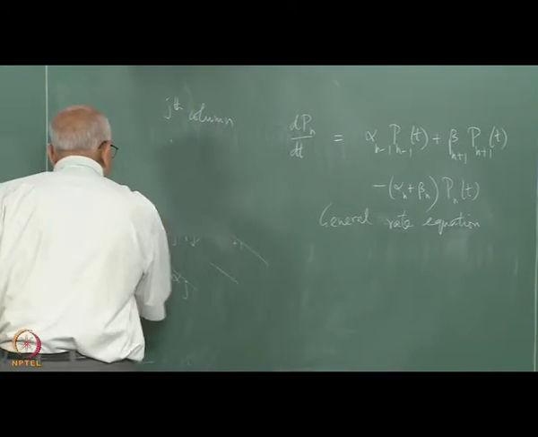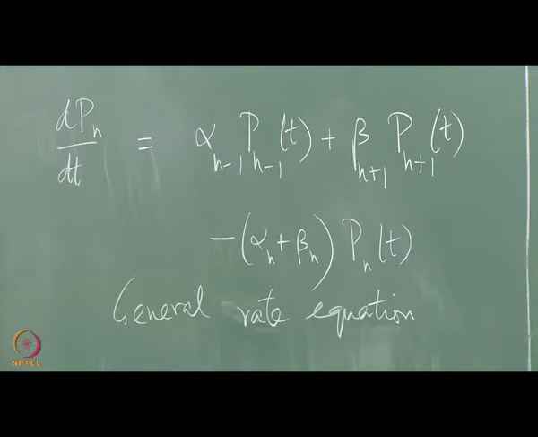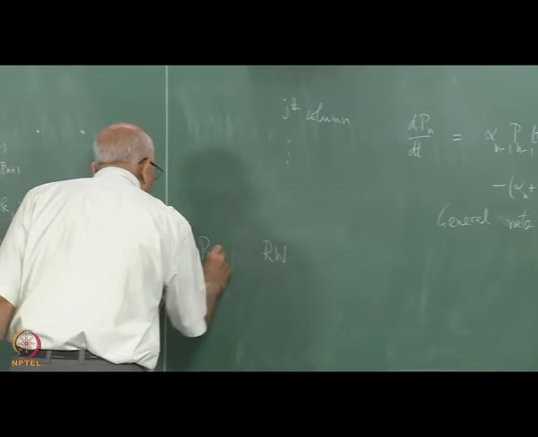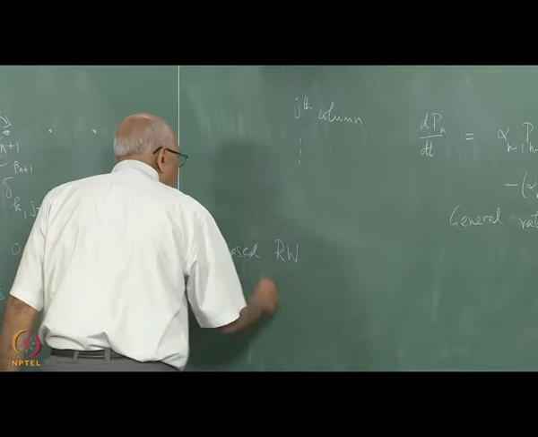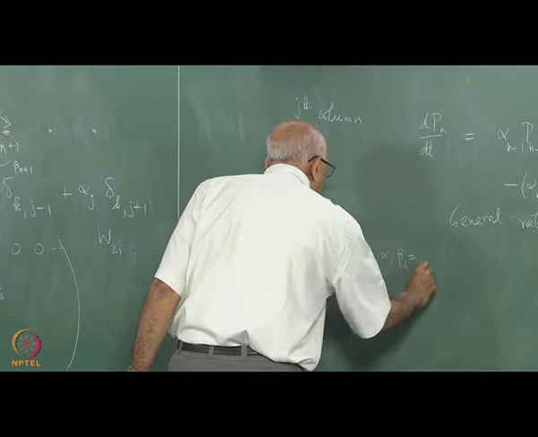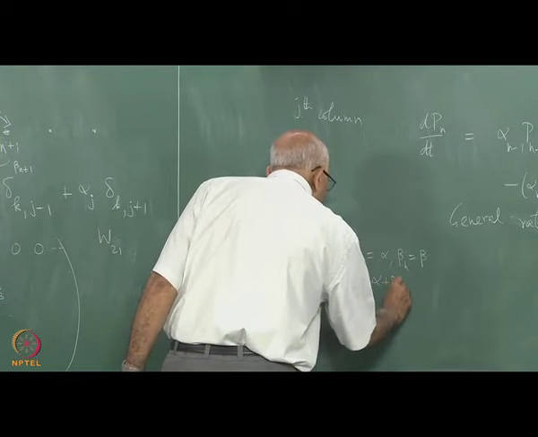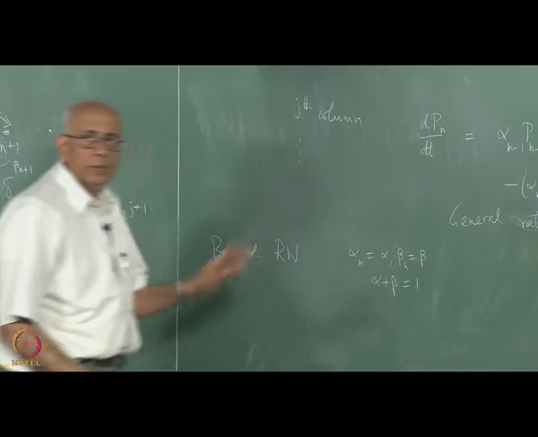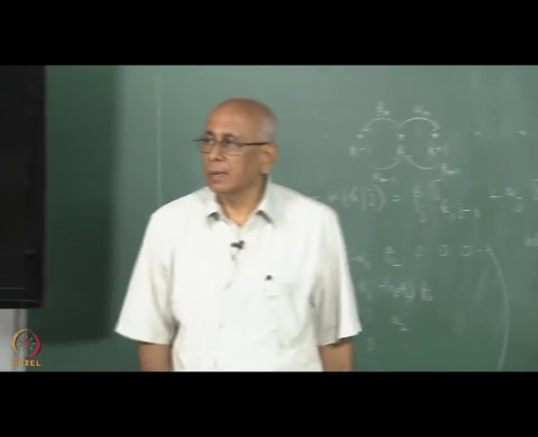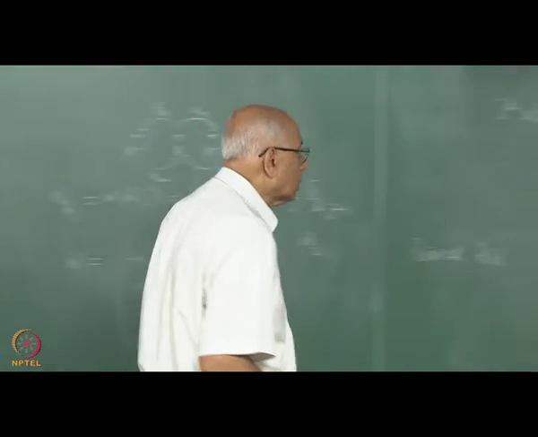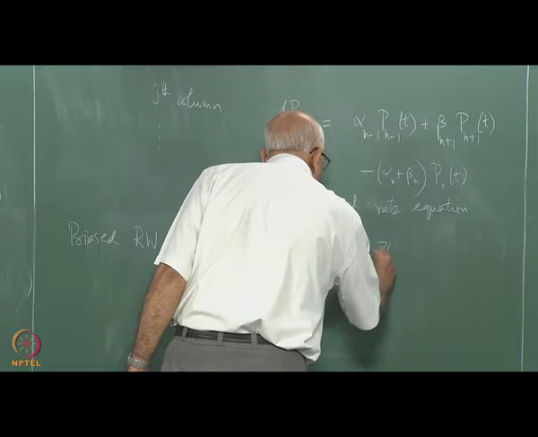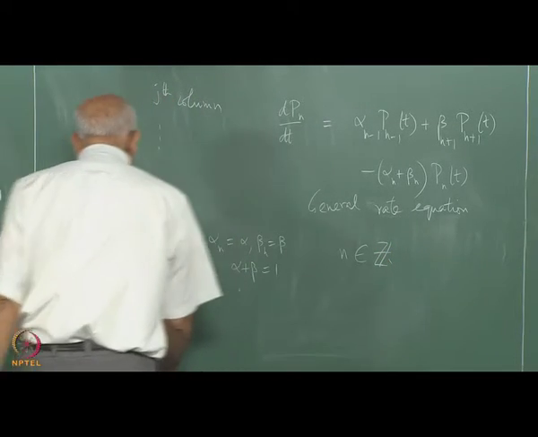And we looked at special cases of it, of course. So random walk, biased random walk, alpha n equal to alpha, beta n equal to beta, alpha plus beta equal to 1. In that case, right. What about the Poisson process? What happened to the Poisson process? And incidentally, n was the element of the set of integers. What about Poisson?